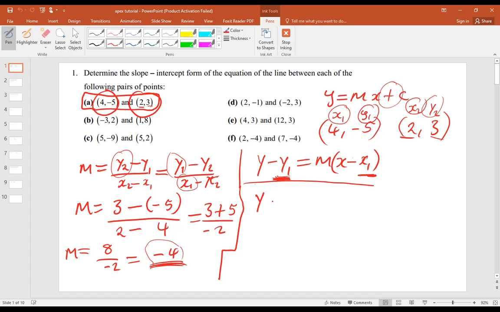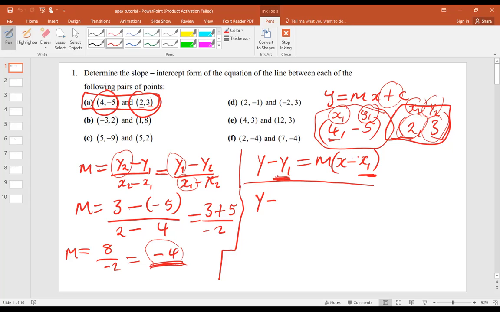So in this case, we're going to say y minus. I'll get any of these 2 coordinates. If I get this group of coordinates, I'll make sure that where there is y1, I'll put 3, and where there is x1, I'll put 2. If I get this set of coordinates, I should make sure that where there is y1, I'll put -5, and where there is x1, I'll put 4.